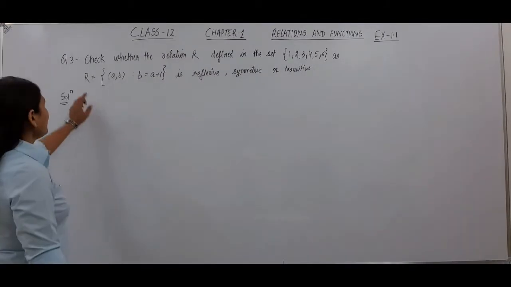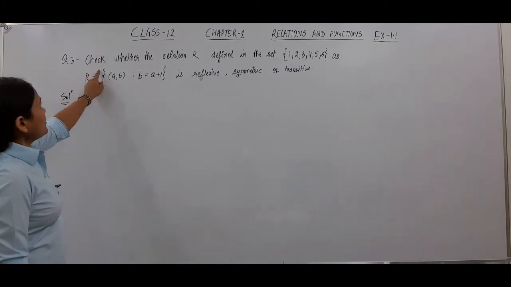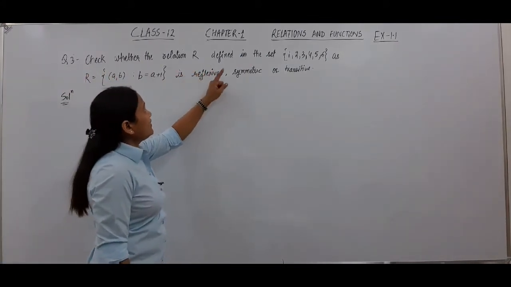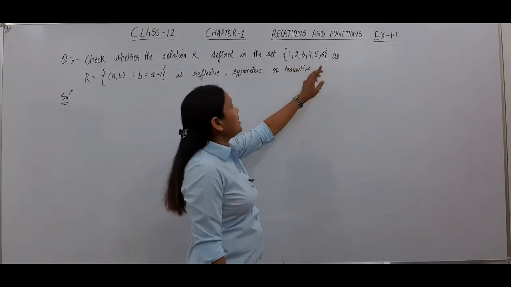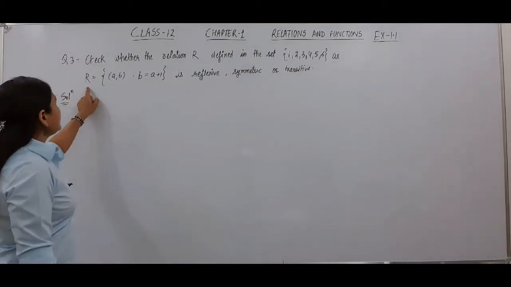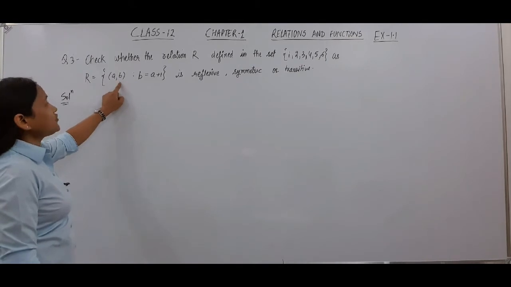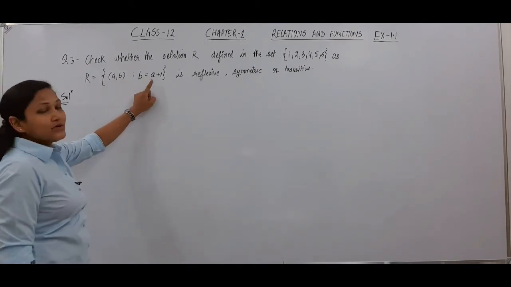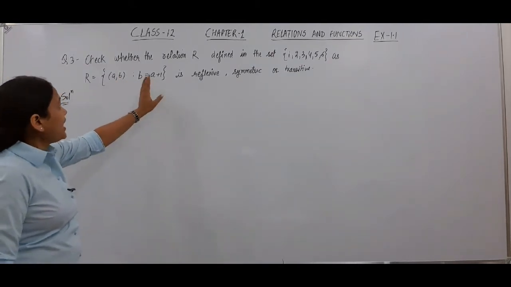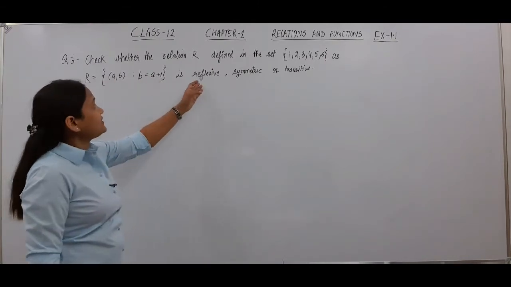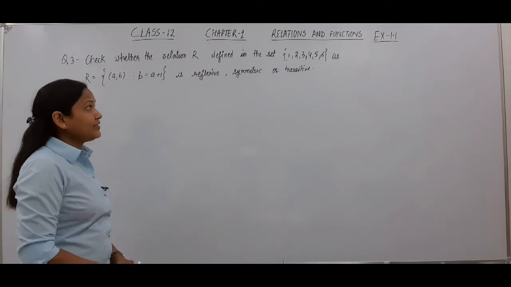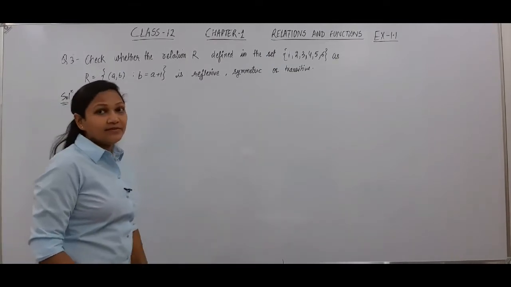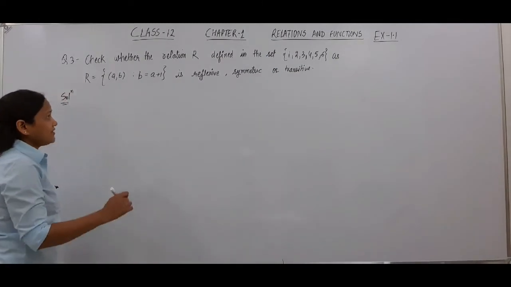Now question number 3 is check whether the relation R defined in the set of natural numbers 1 to 6, as R is a relation where a is related to b if and only if b is equals to a plus 1, is reflexive, symmetric or transitive. आपको ये तीनों definitions के लिए अपने relation को check करना है.